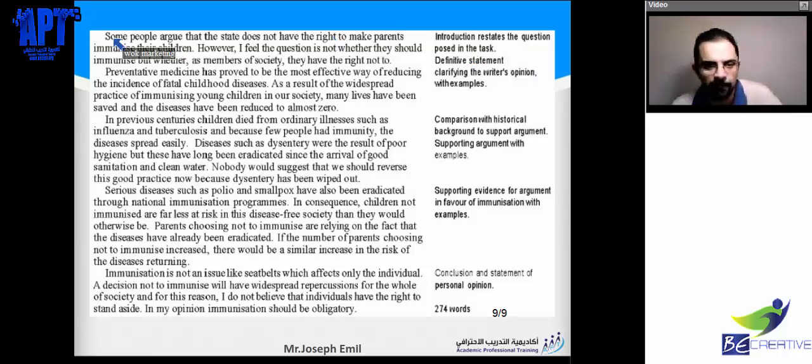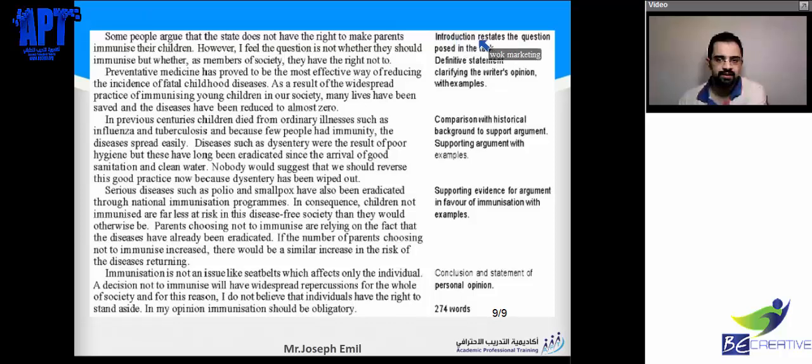Some people argue that the state does not have the right to make parents immunize their children. However, I feel the question is not whether they should immunize, but whether, as members of the society, they have the right not to. Do they have the right not to?